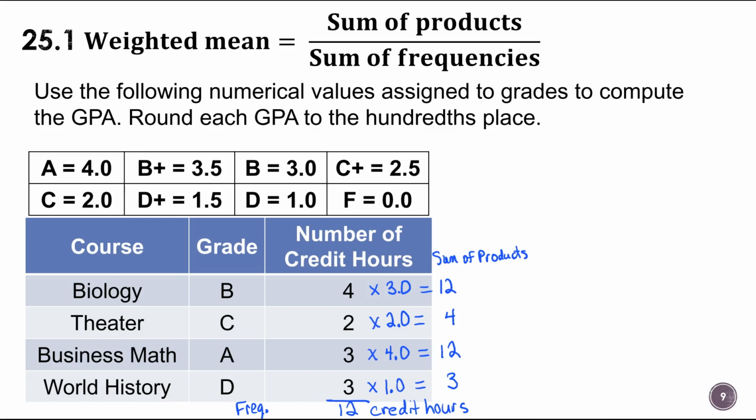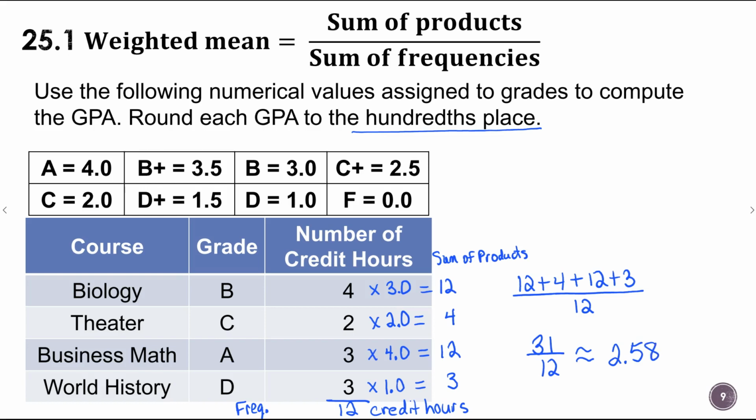Then we add the 12, the 4, the 12, and the 3, and we divide that by 12 because we were taking 12 credit hours during that semester. When we add those together, we get 31. We're dividing 31 by 12, and we round this to the hundredths place. It tells us that right there. So we round this to 2.58, and that is our GPA.